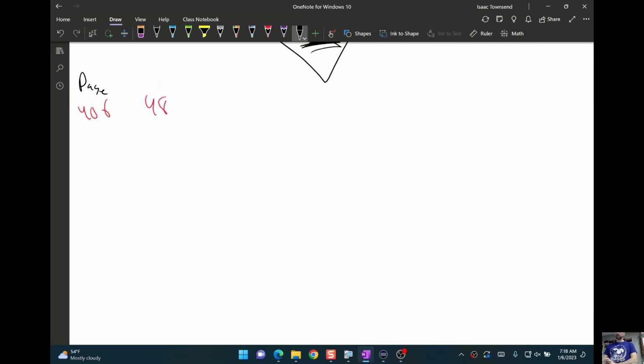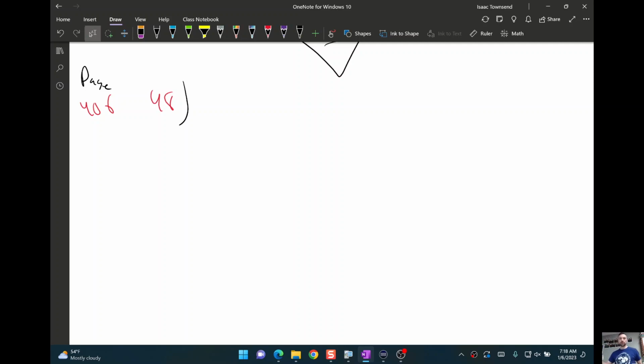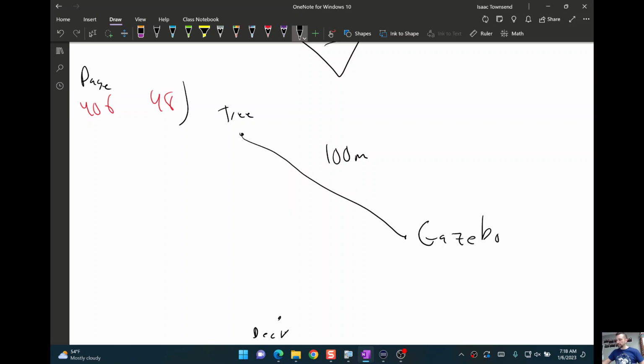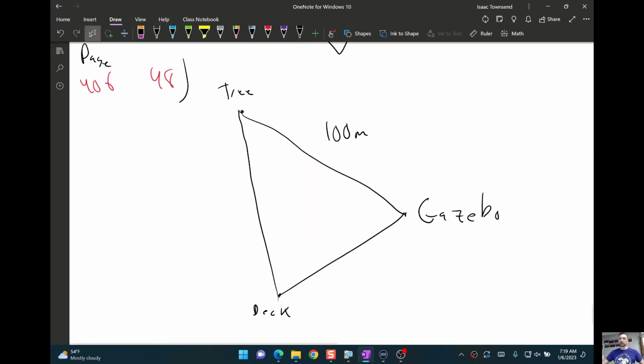Okay, so on the law of sines part of the book assignment, question 48 was a word question. I haven't worked this one this year, but I suspect we're going to be trying to find an angle or one of these side lengths.